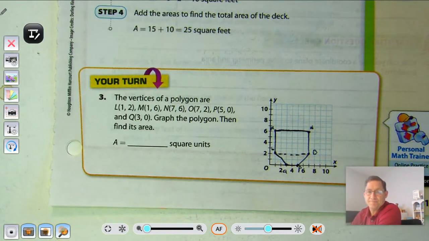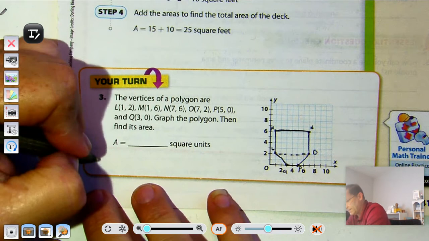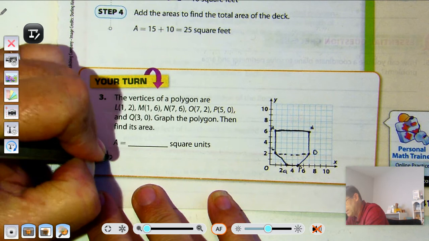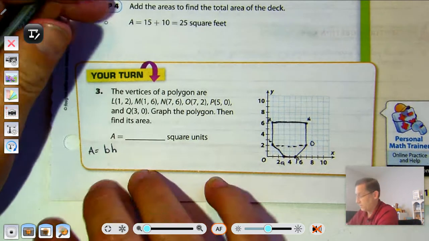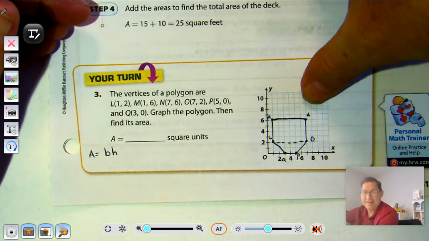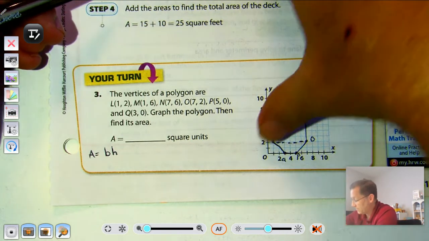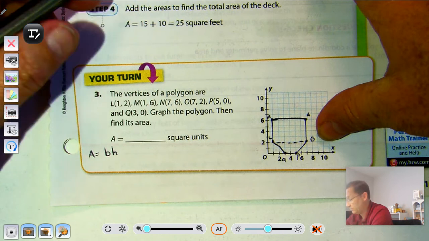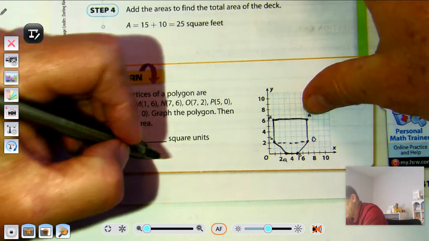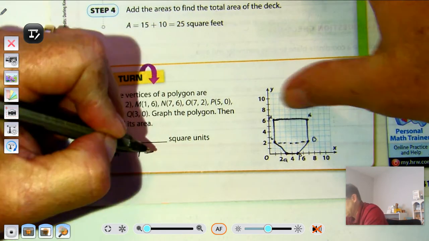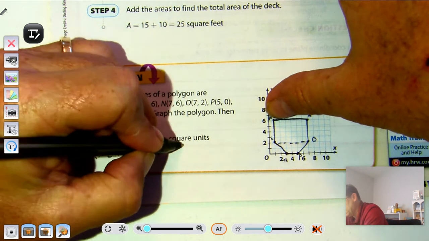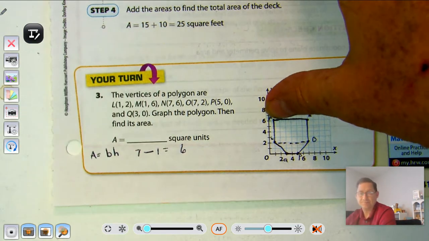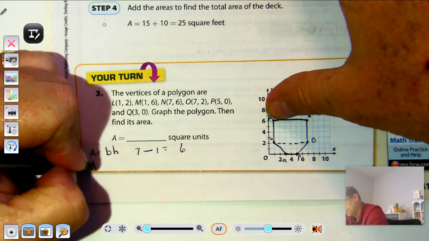So the area of the rectangle would be base times height. We're going to use M to N, or you can use L to O for the base of the rectangle. And so we have 7 minus 1, which would give us 6 for the base.